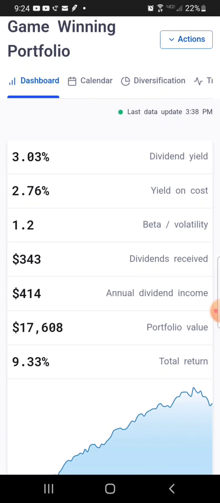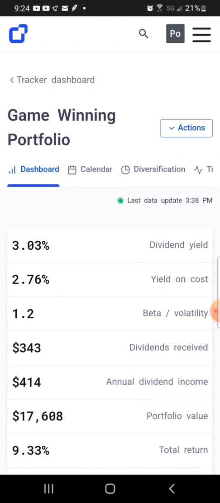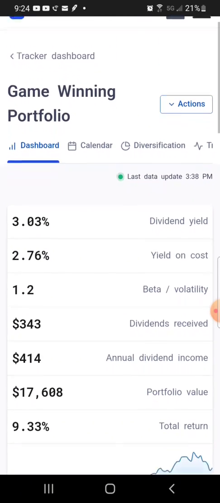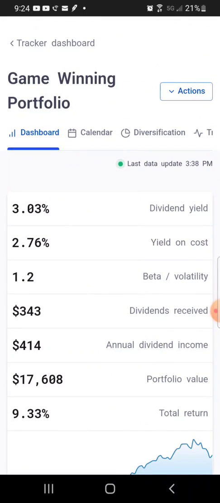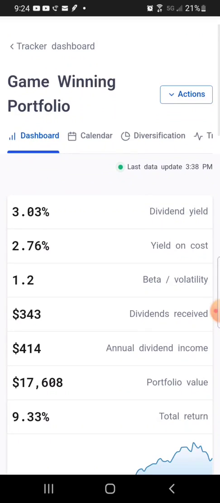The annual dividend income for me on this portfolio is $414. I'm going to earn $414 just by holding everything I own in this portfolio. So this is a pretty decent portfolio for dividends, but it's not as strong as it could be.